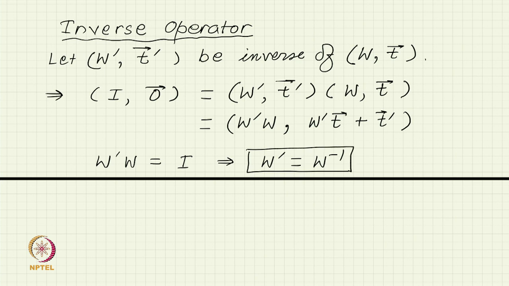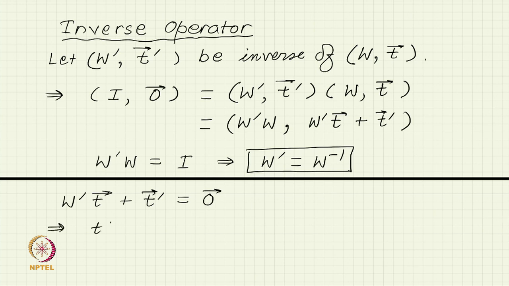So, that is simple: the matrix part of the inverse is simply the inverse matrix of the original. But if you look at the translation part, it is a little involved. So, you have w prime t plus t prime is the 0 vector.